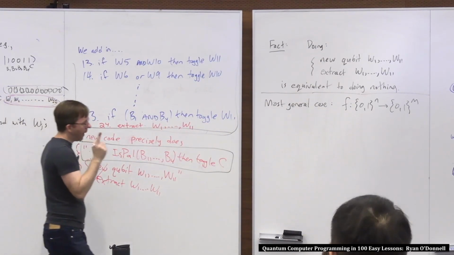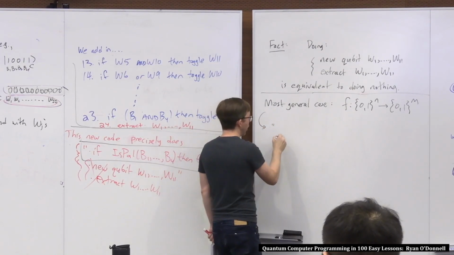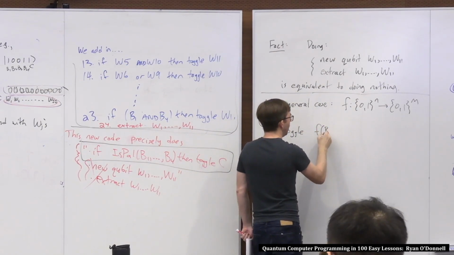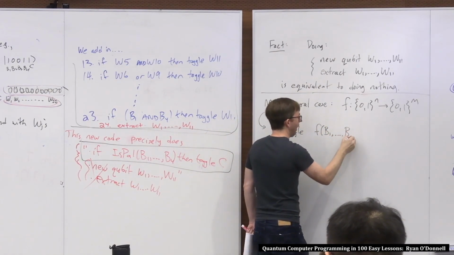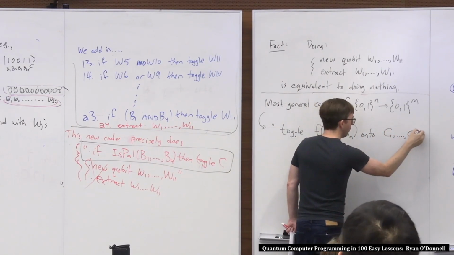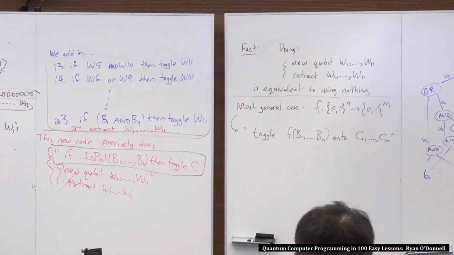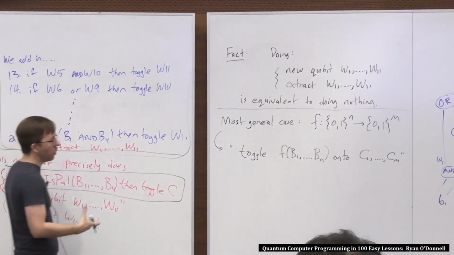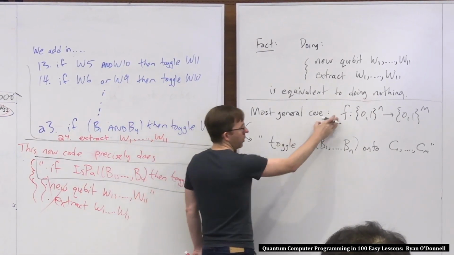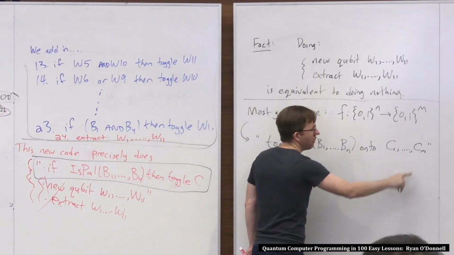And in this case, we have a spec for what we're trying to do. What we're trying to convert this to is this kind of instruction that's like toggle f of B1 through Bn onto C1 through Cm. Because this is a classical reversible instruction, so it's eligible to be doable with quantum code. And moreover, it does accomplish this. In particular, this is a quantum operation that operates on n plus m qubits.